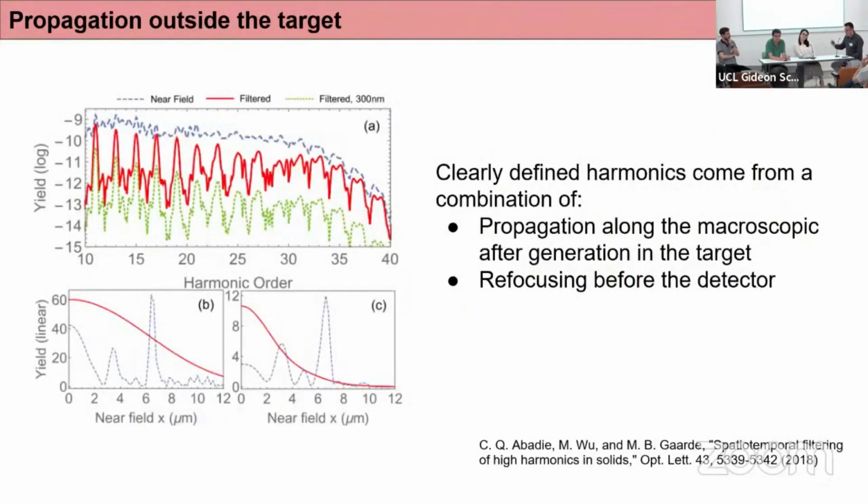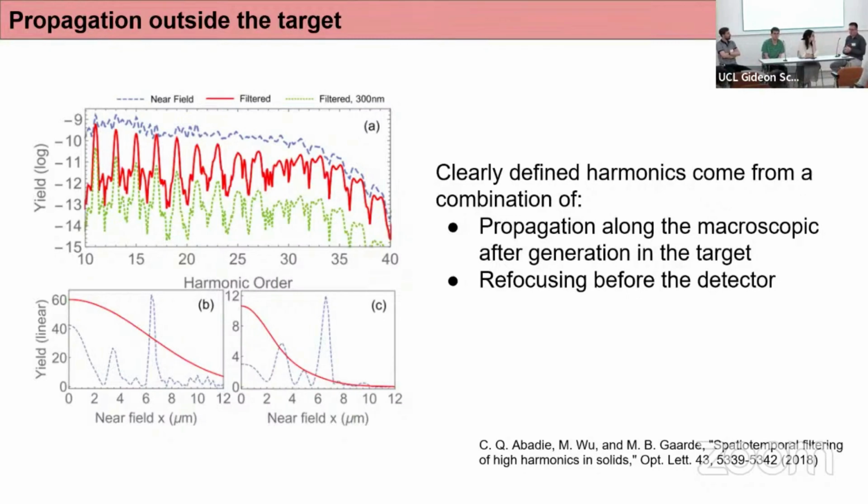And then we have yet another candidate, which is the propagation, but outside the material. So like a near versus far field shape of the harmonics. And in this case, they consider two ingredients.